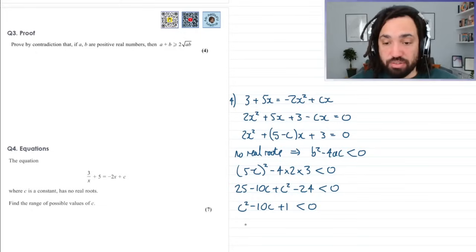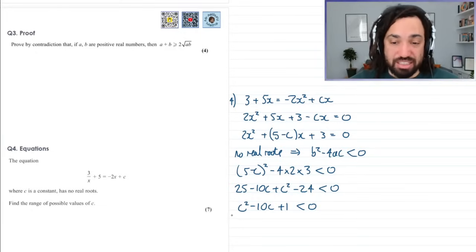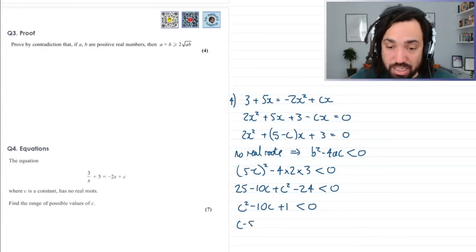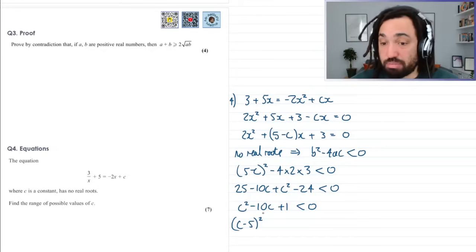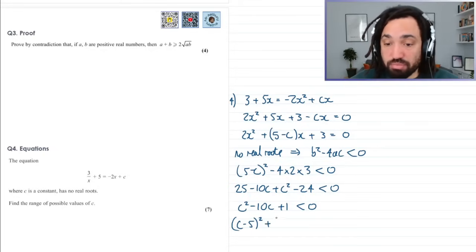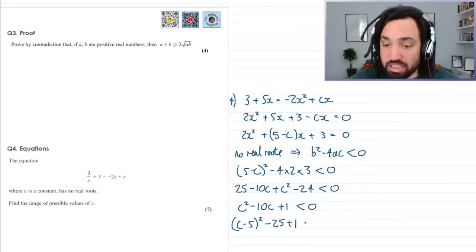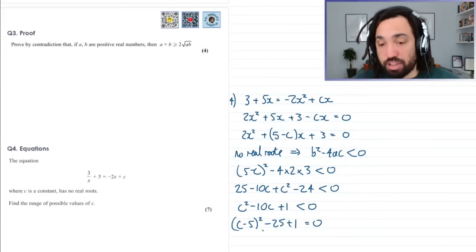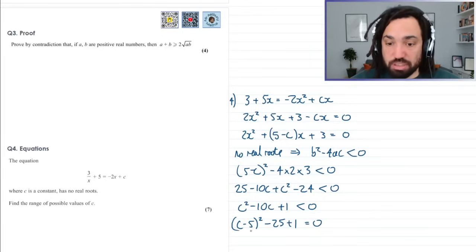Okay, so now we need to find the critical values. We could do that by perhaps completing the square, or you could use your calculator. I've not got the calculator up today, so I'm just going to complete the square. So take away 25 plus 1. I'm going to set it equal to 0 here because I want to find the critical values as opposed to solving the actual inequality.